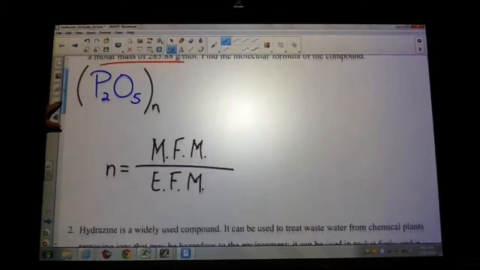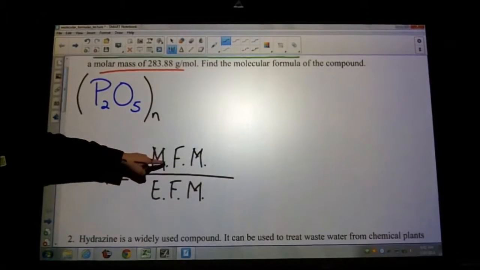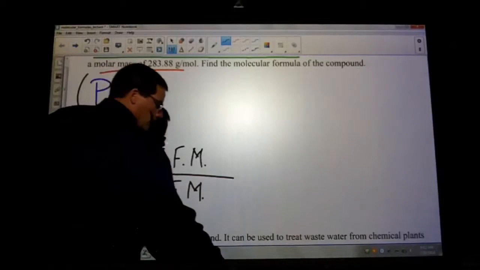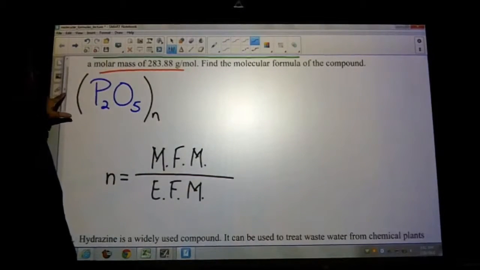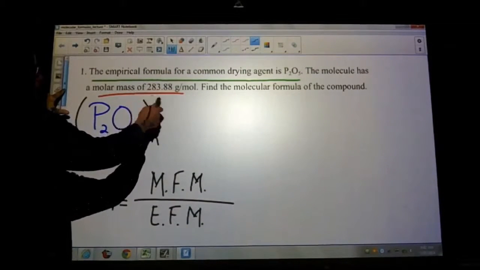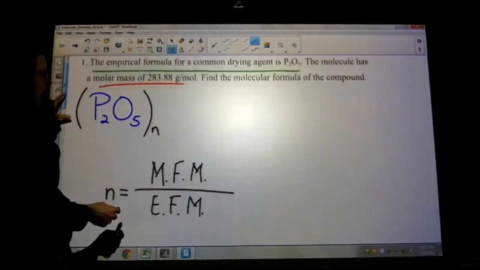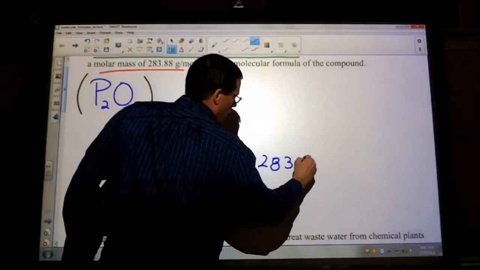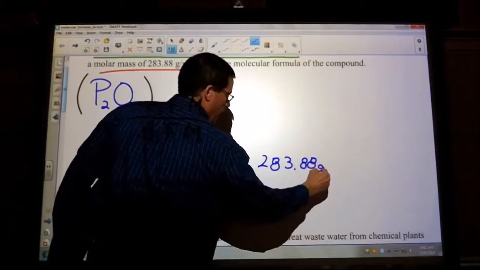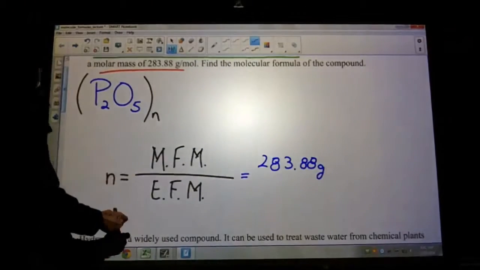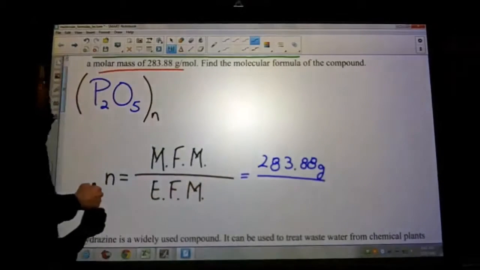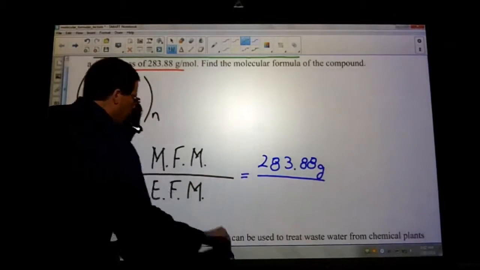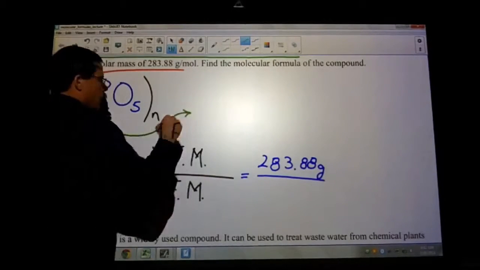How can we find out what the molecular formula mass is? Does anybody know it? 283.88. Good. So we have 283.88 grams. And how can we find the empirical formula mass? Yeah, do what we've been doing: find out how much that weighs.